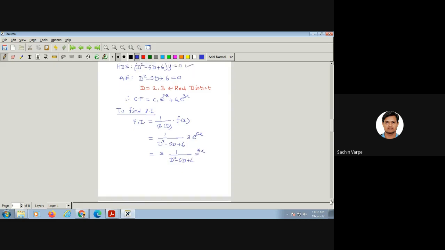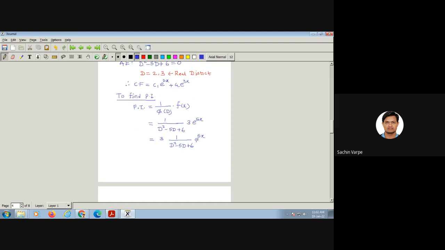What the case says for exponential function, we have seen 1 upon phi of D, e raised to ax can be written as: replace D by a. What is a here? 5, right? So therefore we get 3 into 1 upon 5 square minus 5 into 5 plus 6, e to the power 5x.